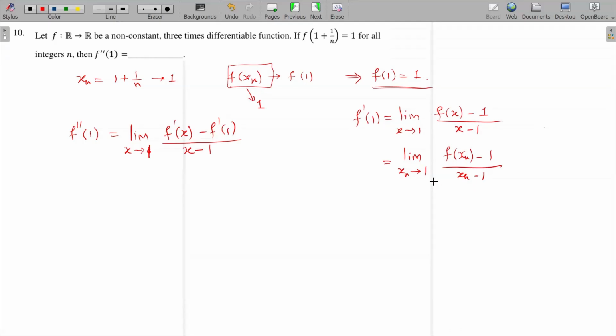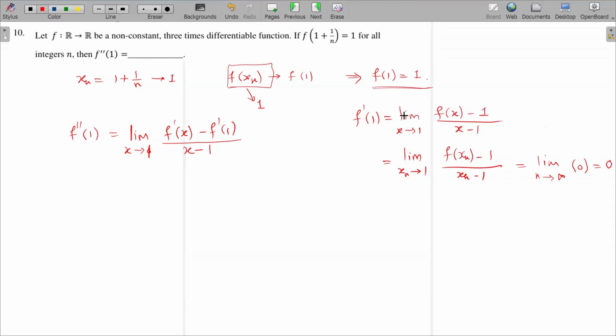Yes. And now it's done. You know f of xn is just 1, so your numerator is 1 minus 1. So this is actually 0 by something, limit n tends to infinity of 0, just 0. So this is going to be 0. Understand?